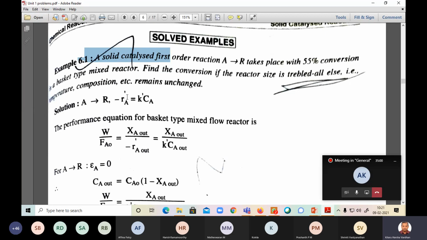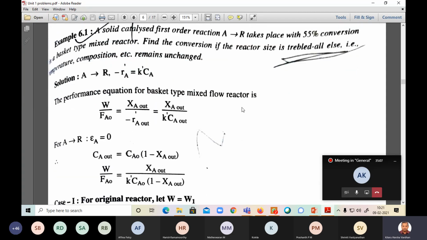So when you are putting K dash, the rate also will be K dash. So basket type mixed reactor. Therefore, we are taking a mixed reactor performance equation. W by Fa naught is XA out by RA out, right? So XA out by RA is nothing but K dash CA out. CA is based on outlet, right? So here, since A is giving R, he didn't give it is gas phase or liquid phase reactions, only solid catalyst.